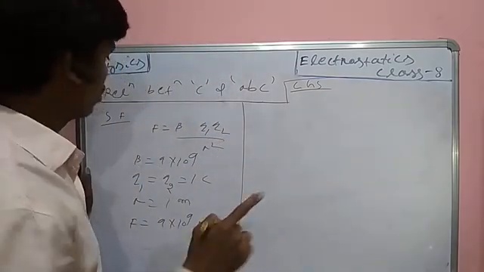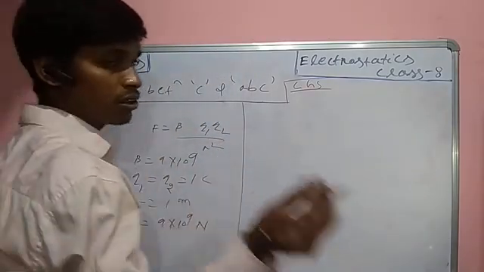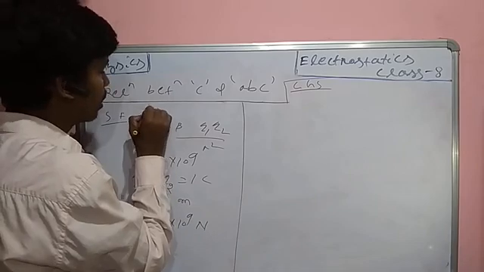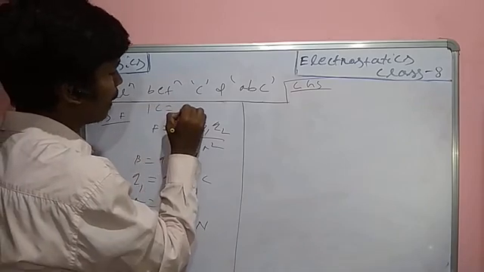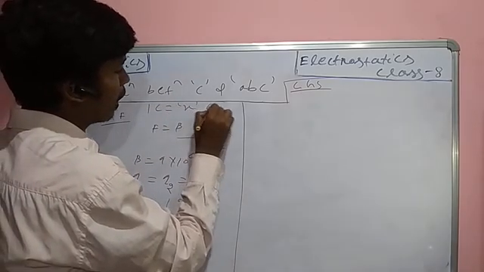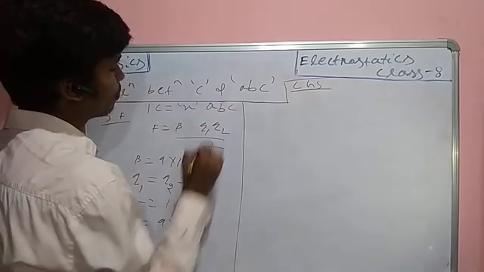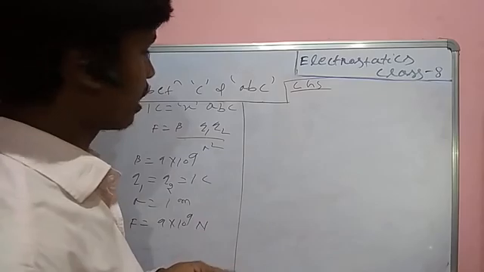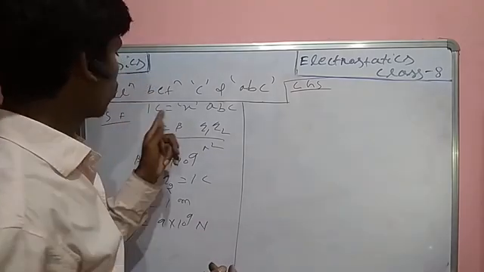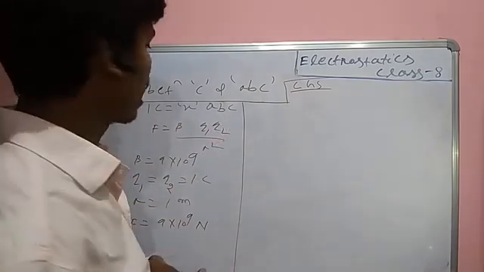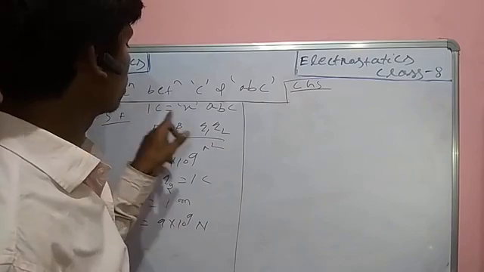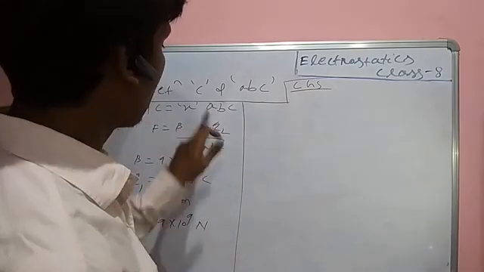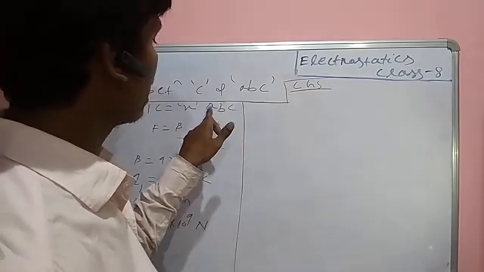In CGS, just as before we wrote 1 coulomb is equal to X stat coulomb, similarly we can write 1 coulomb is equal to X abcoulomb. Abcoulomb is shortly written as abC.